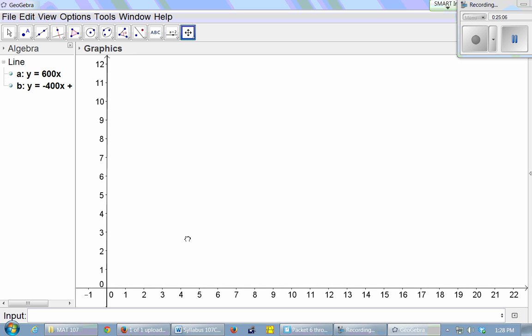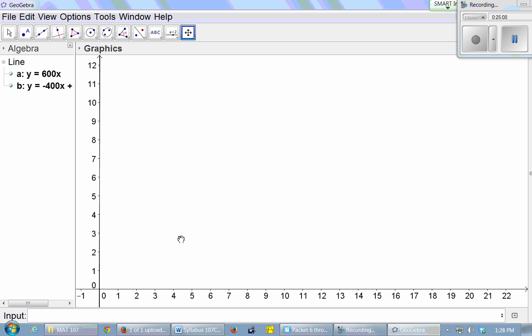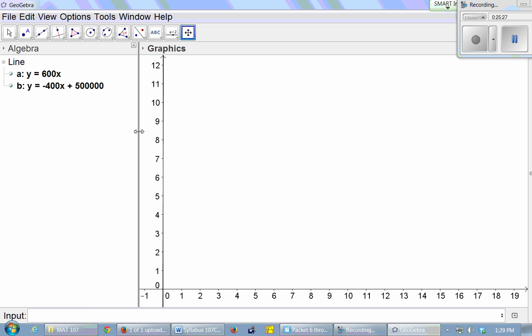I don't have to look at anything negative because you can't build a negative number of wheelchairs. So x can't be negative. Actually, y could be negative though, because y represents money. No, it was 500,000.